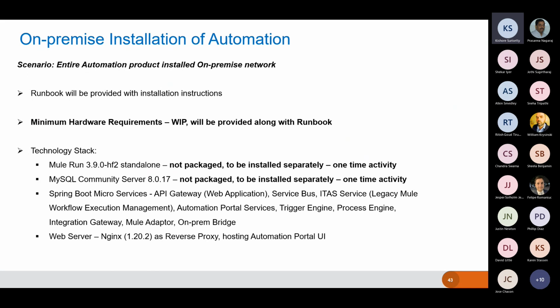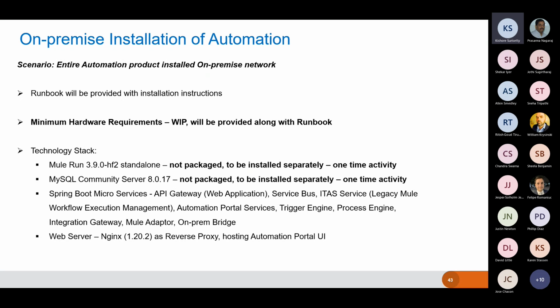Just to recap, we can install the entire automation product in the on-prem network. Of course, sorry, the whole automation is available as a SaaS service, which is what you have seen, for example, in the demo environment, and for that matter, we're going to have production. There, customers have access to third-party systems via the internet, so those integrations and processes can be built without any on-prem agent in the picture.